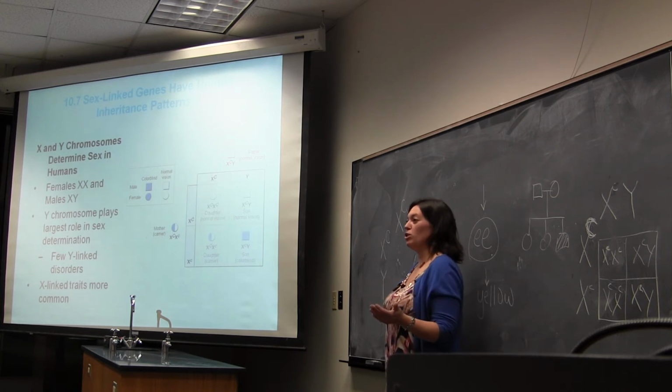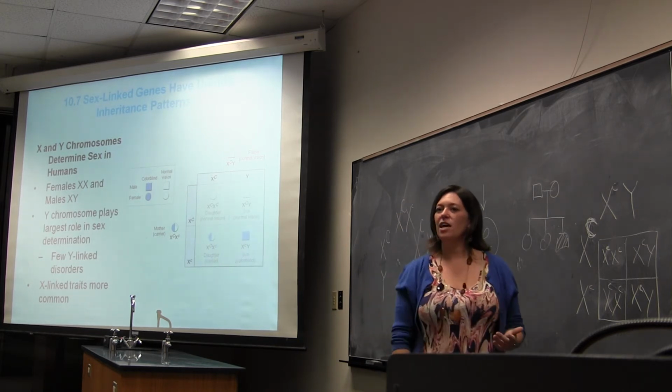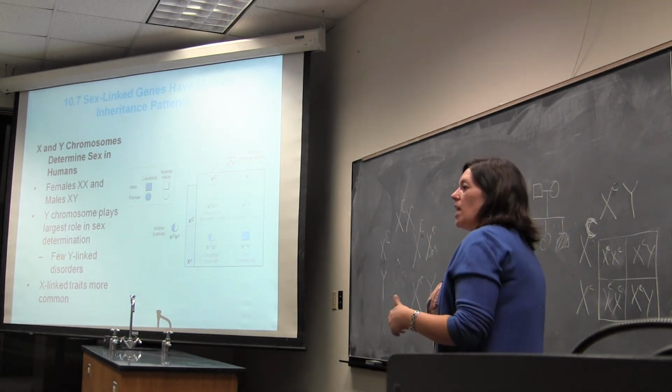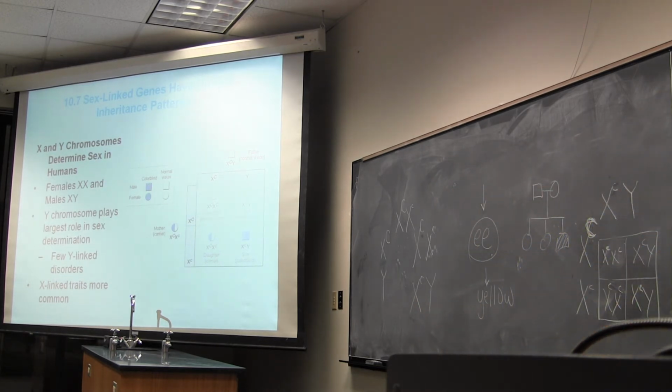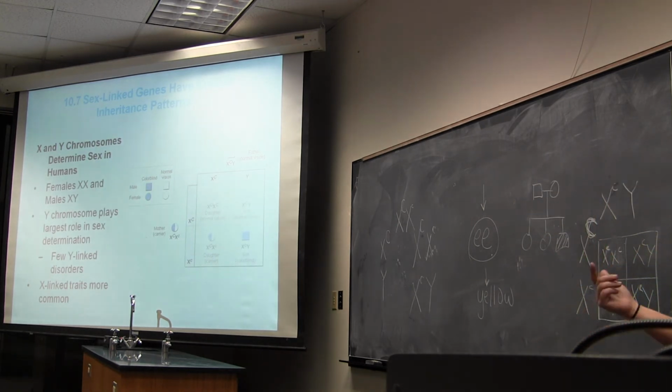So what you get is what you're going to have to live with. These sex-linked inherited disorders tend to affect males more than females, simply because females have a backup chromosome in case one of these genes is mutated, whereas males only get one chromosome, so they're stuck with what they got.